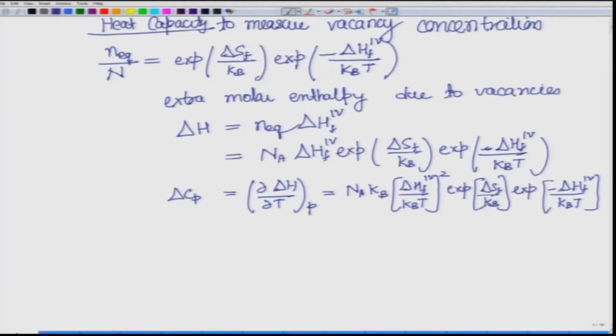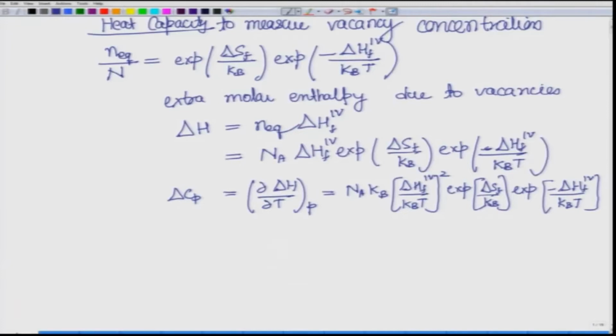So, you see that this increase in the heat capacity Cp can be related to this relation, and therefore, we can use this relation to find the concentration of the vacancies if we know delta Cp, which is the change in the enthalpy. So, this is one method.